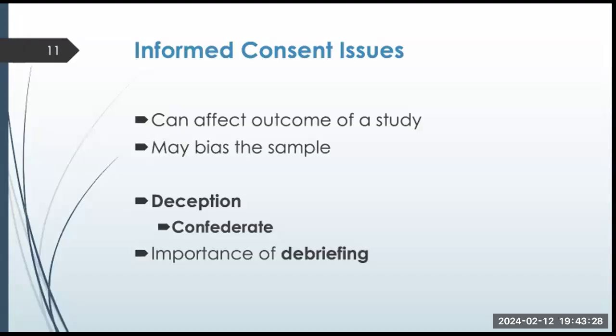Is the risk of deceiving the participants minimal enough that we still think there's going to be a benefit to society, that it's okay? You are the first level, where as a researcher you're coming up with this idea, but they're not just going to trust your judgment. That's why they have this committee, to decide further if the participants are still going to be safe in participating in your study.